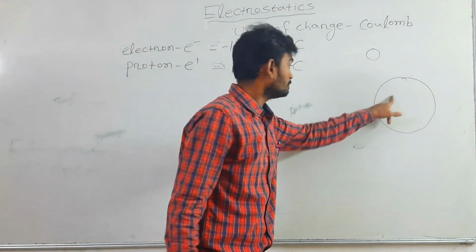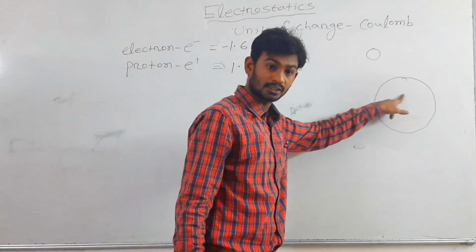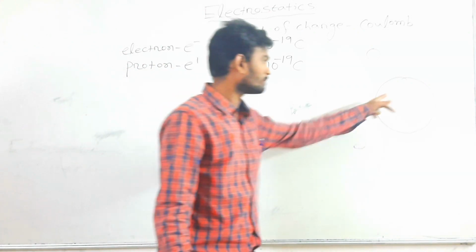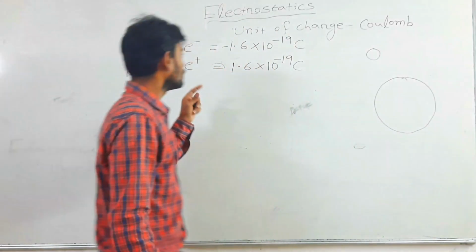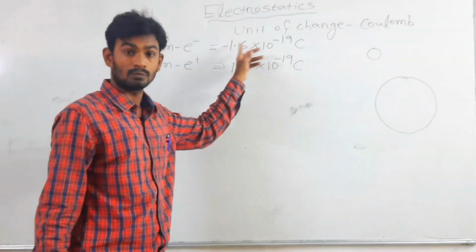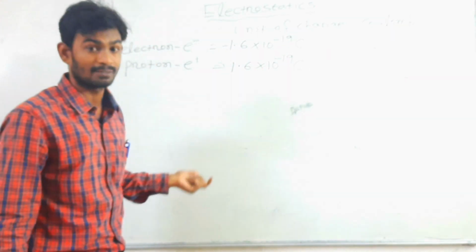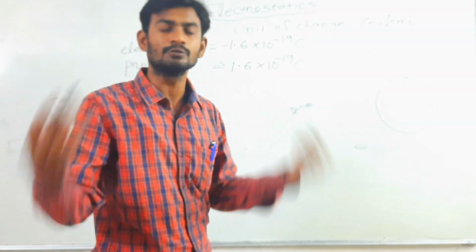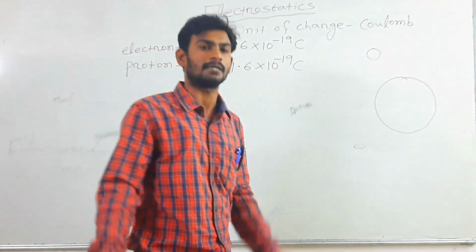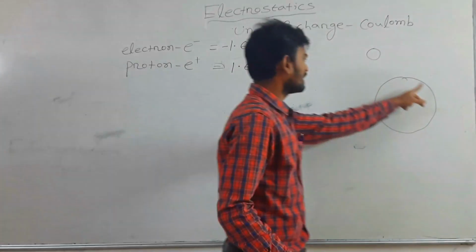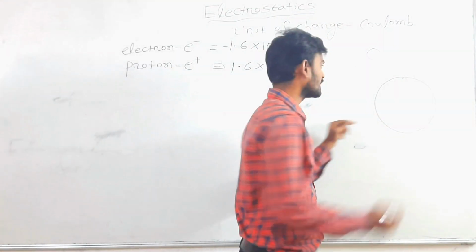Out of these three constituent particles, electron, proton and neutron, only electron and proton have charge, that is 1.6 into 10 to the power minus 19 coulomb. But the neutron does not have any charge; it is a neutral particle.